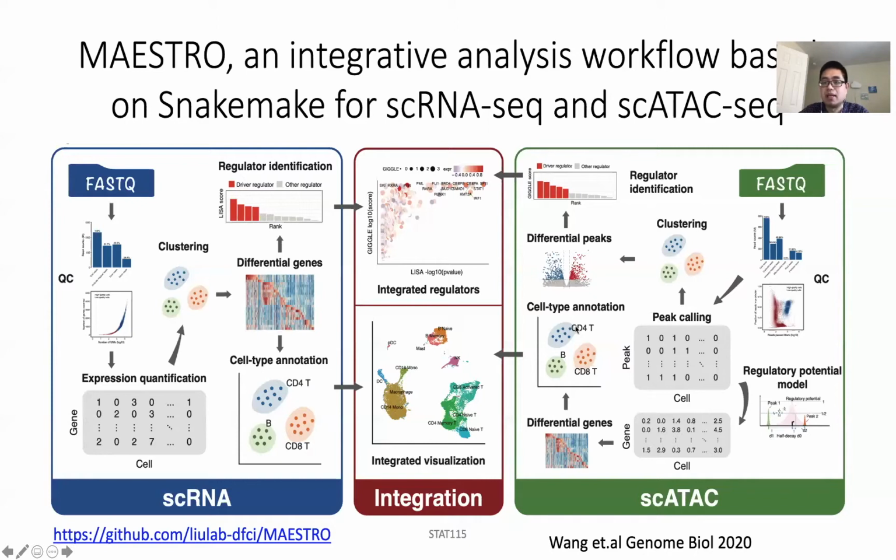Okay, so this is an example of a single cell ATAC-seq UMAP with and without TF-IDF transformation. You're going to do an exercise on this in homework 5 as well.